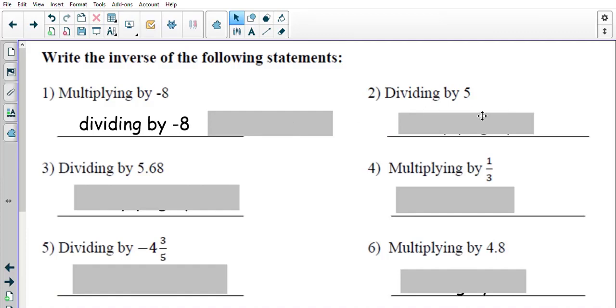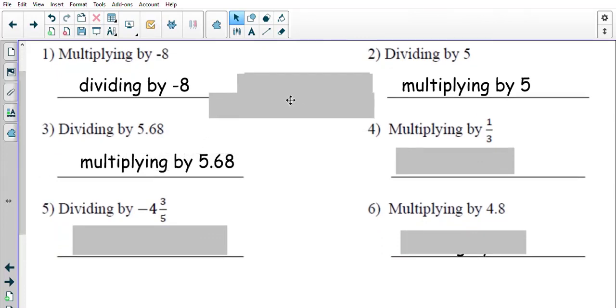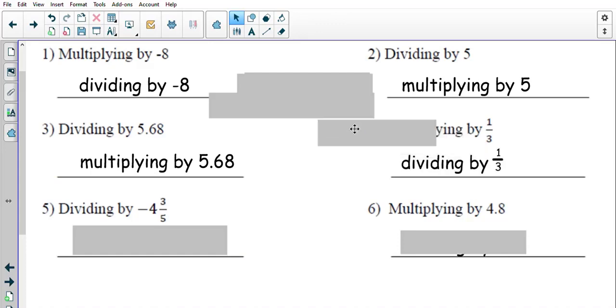Number two, what's the inverse of dividing by 5? It is multiplying by 5. Number three, what's the inverse of dividing by 5.68? Well, it's multiplying by 5.68. Number four, what's the inverse of multiplying by 1/3? Think about that. It's dividing by 1/3. Number five, what's the inverse of dividing by -4 and 3/5?